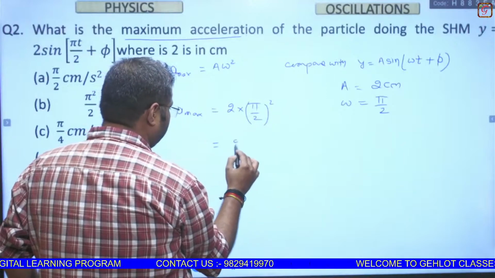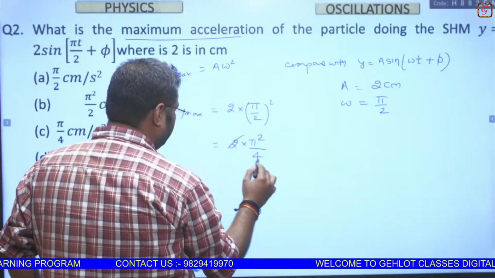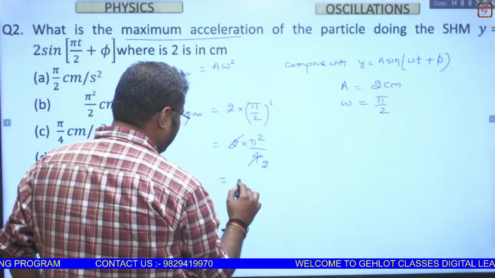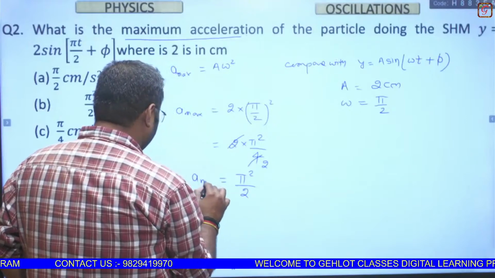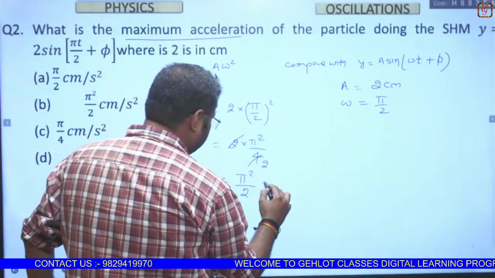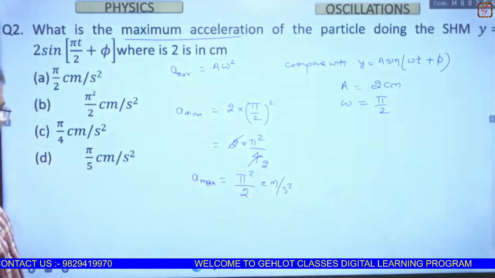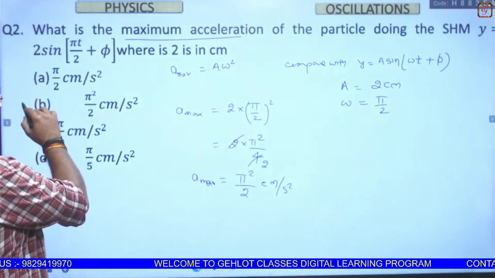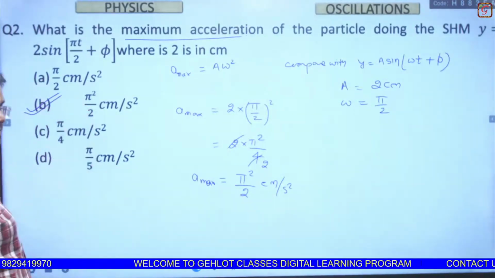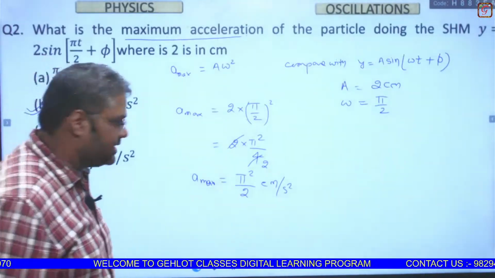So this will become 2 into pi square by 4, and 2 will cancel out 4 by 2. So the answer will become pi square by 2 for A max, and the unit will become centimeter per second square. So option B will be correct. Option B is pi square by 2 centimeter per second square.